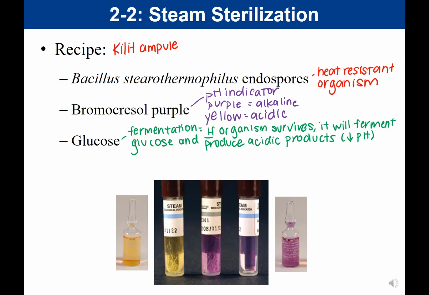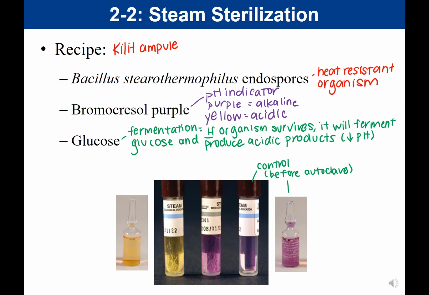So again, the way that this experiment is going to work is this tube here on this edge. This is the control. That's what the kilned ampule would look like before autoclave. And that's the same for this one beneath it.